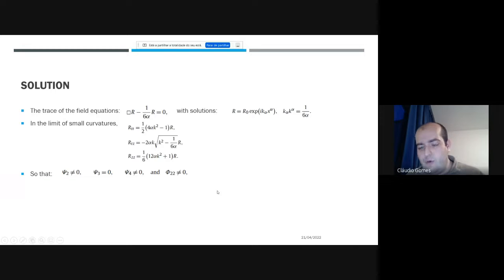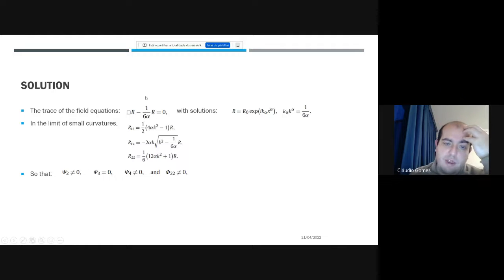Let me give you a physical insight on this. That means that, at least in this example, we do not have vector polarizations, but we have a tensor one, which we would expect, and we also have two scalar modes.